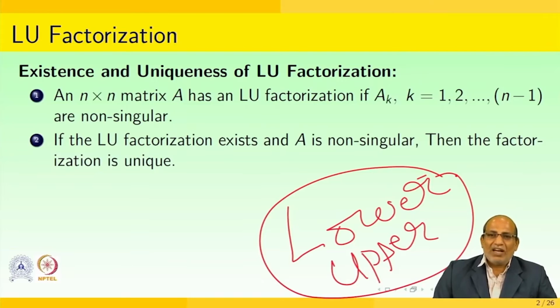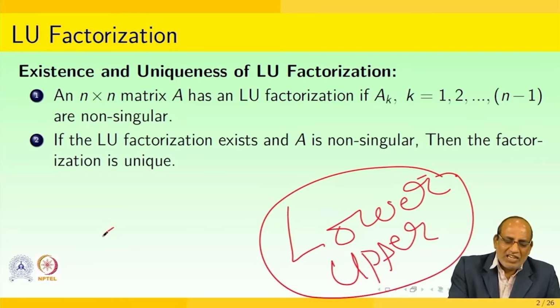Before going to that, we would like to have existence and uniqueness of LU factorization: how the matrix A can be written as a product of two matrices L and U. So an n by n matrix A has an LU factorization if A_k, where k is from 1 to n minus 1, are non-singular.